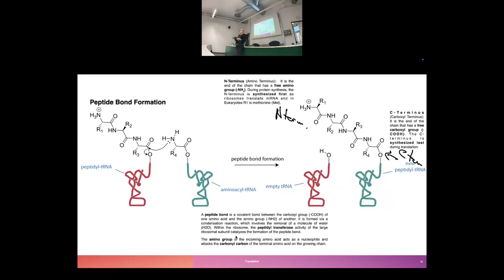And after elongation, when we reach termination, the termination means the hydrolysis of the covalent binding between the chain and the tRNA without any other addition, and that's the reason why the chain will be released.